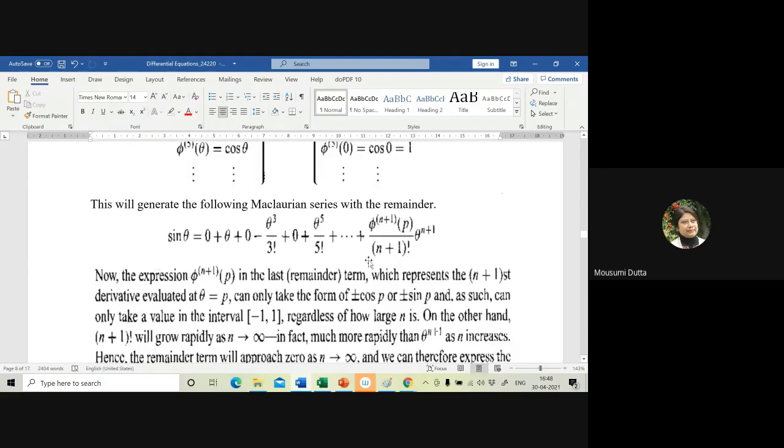So once again, please check the math which you did in your first semester course. Can you remember this kind of expression, looking at the Taylor series?